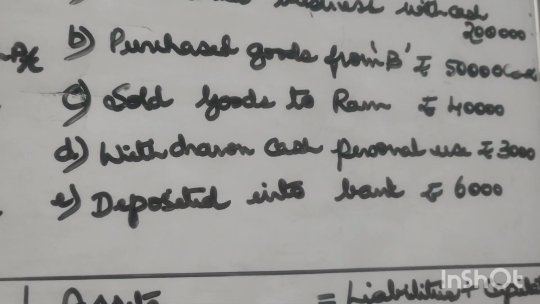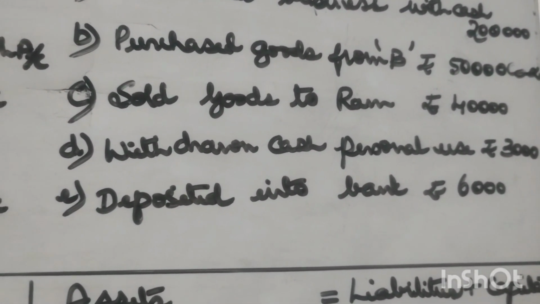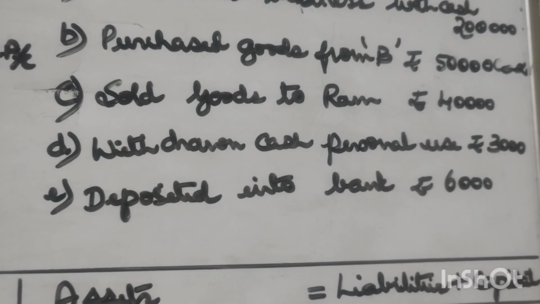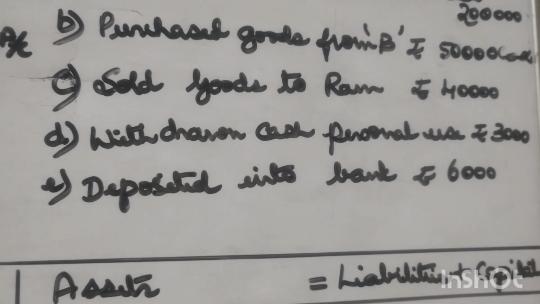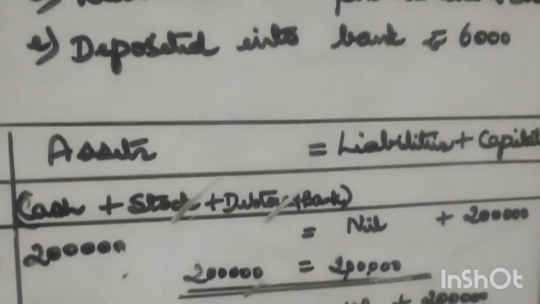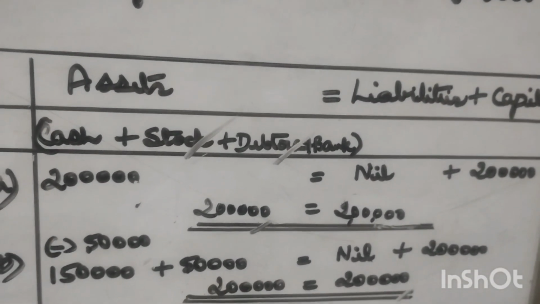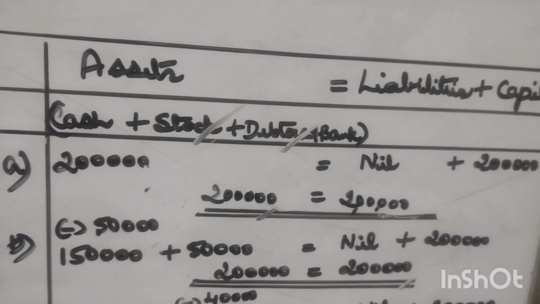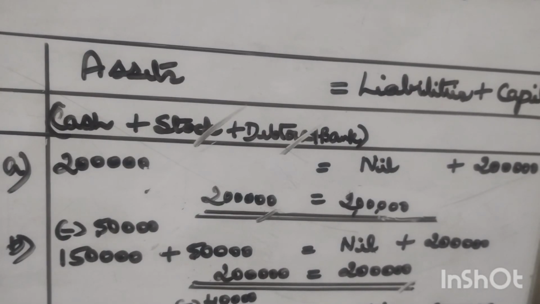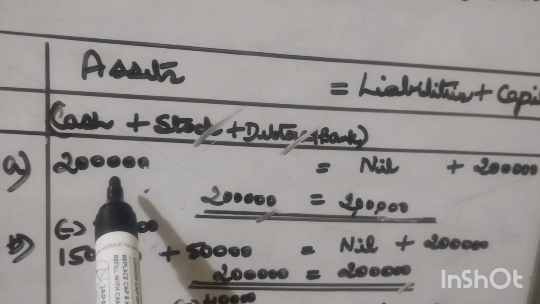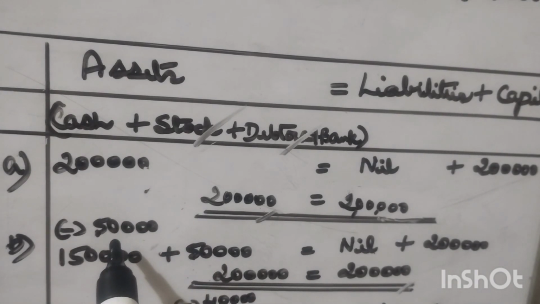So second transaction is purchased goods from B amounting to rupees 50,000 for cash. So this is a cash purchase transaction. So goods are purchased by way of paying amount rupees 50,000. Now the present cash balance was 2 lakh, out of which 50,000 has to be deducted because goods are purchased.